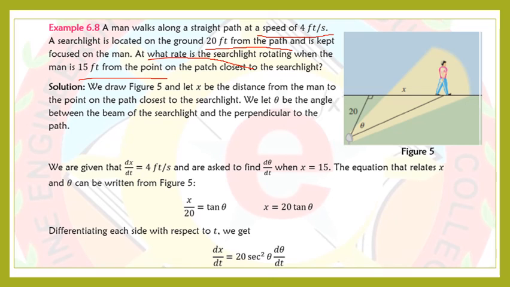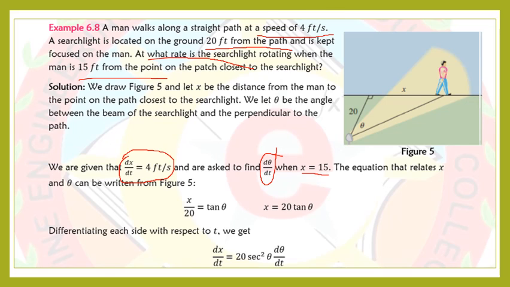So, we are given that dx over dt is equal to 4 feet per second. So, ito yung speed ng lalaki na naglalakad, and we are asked to find d theta over dt. So, ang tanong kasi, what rate is the searchlight rotating when the man is 15 feet? Okay, when x is equal to 15. So, ito yung goal natin. So, the equation that relates x and theta can be written from figure 5.